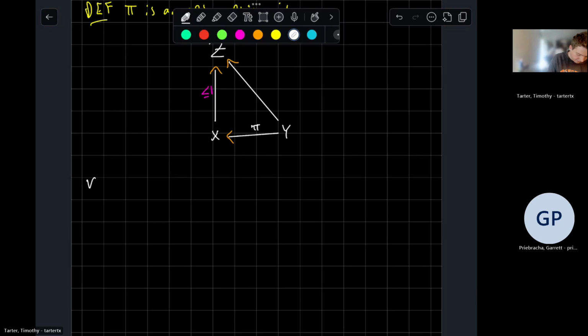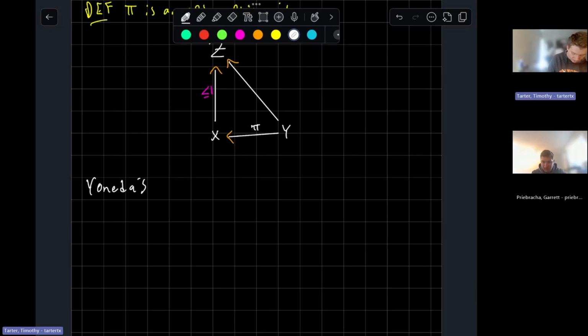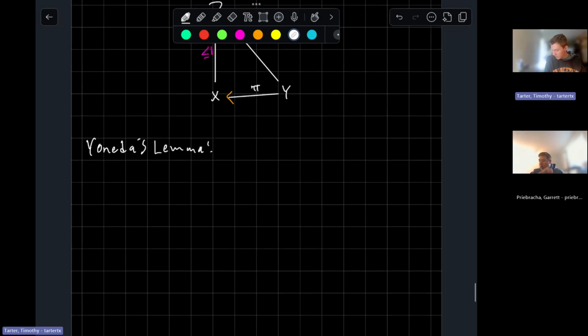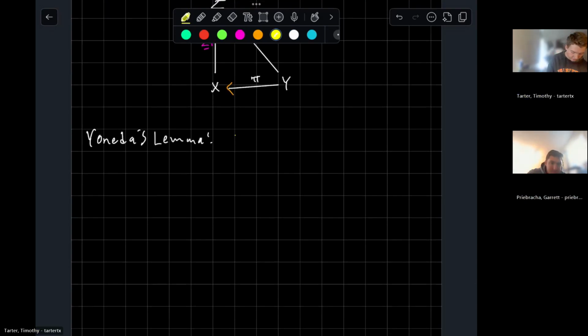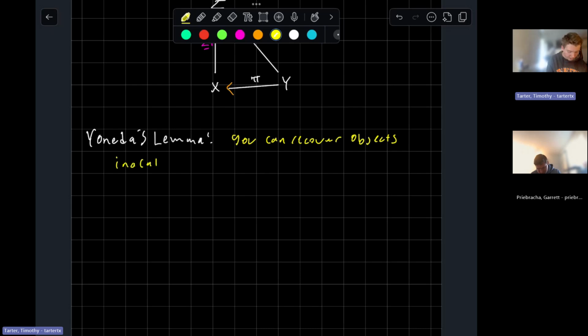And so now we have taken this as the definition of x product y. So Yoneda's lemma says that you can recover objects in a category by knowing the maps into them.